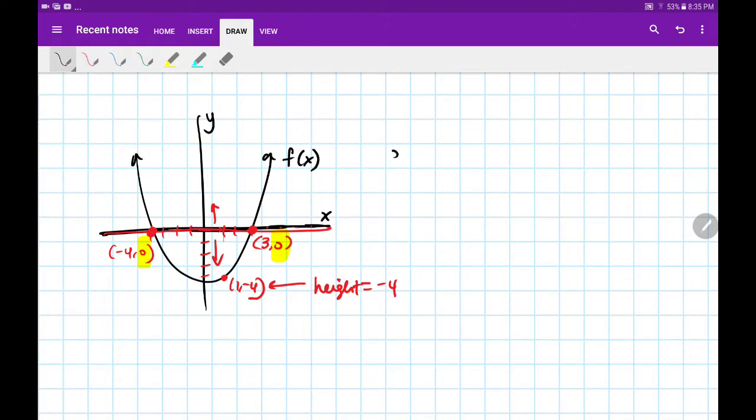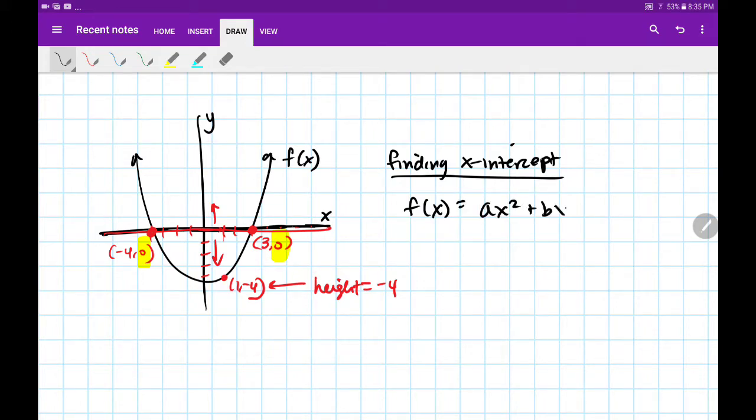So if I have a function and I need to find the x-intercept, here's my function. In order to find what those points are where I'm actually hitting the x-axis, I'm going to go ahead and set y equal to 0. Another way of saying y is f of x.